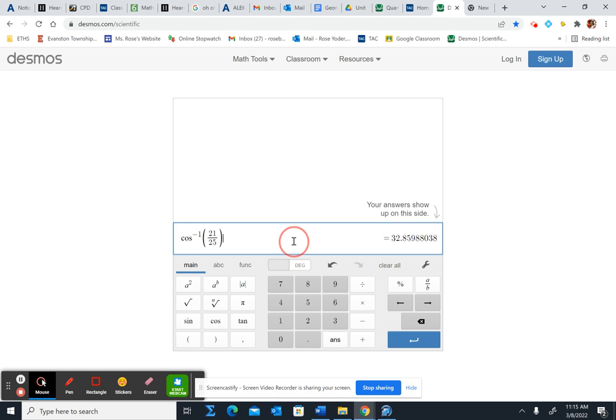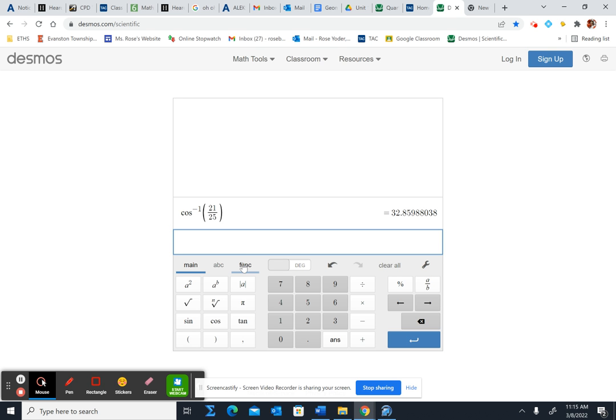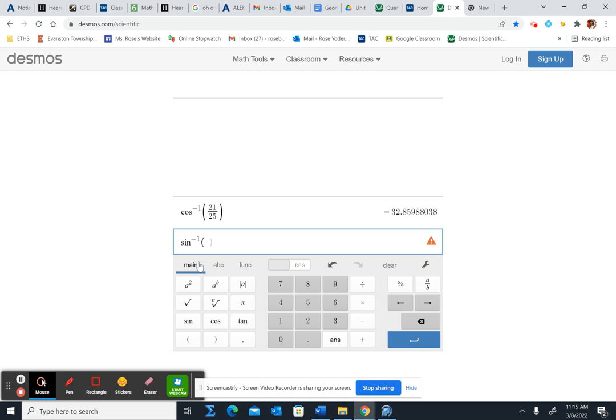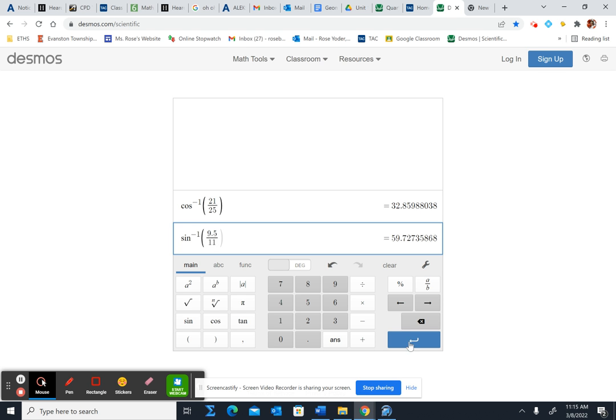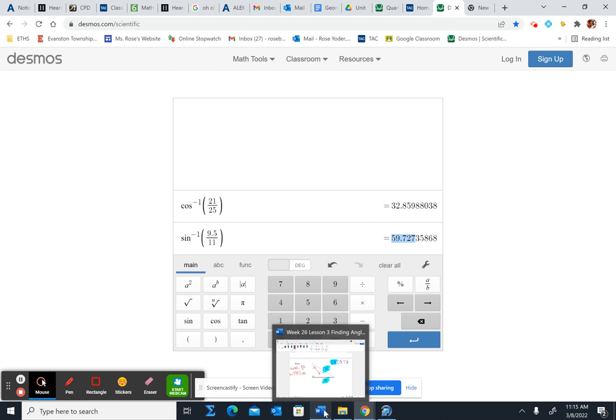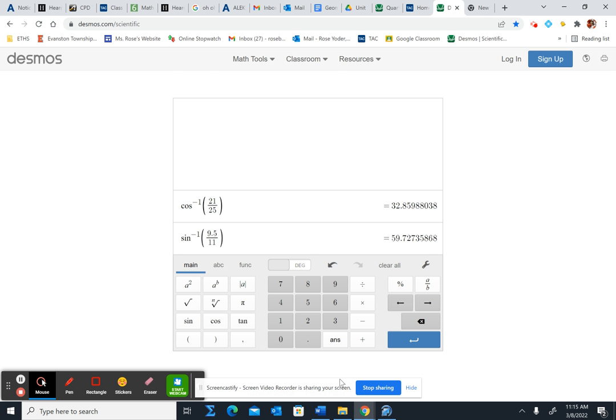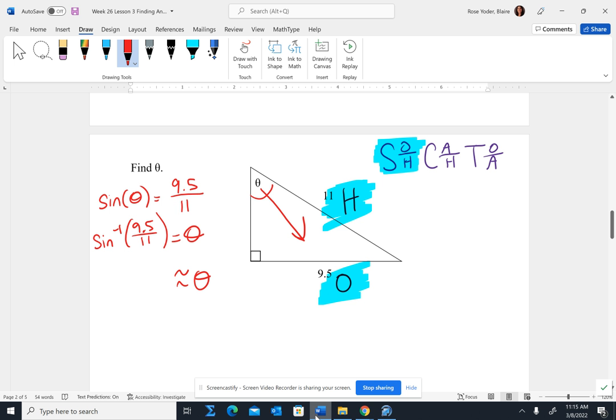So this time, I'm going to do under function again, sine inverse of 9.5 over 11. 59.727 degrees approximately. It's always going to come out messy unless it's one of our special 45 or 30 or 60 degree angles. What was it again? 59.727.